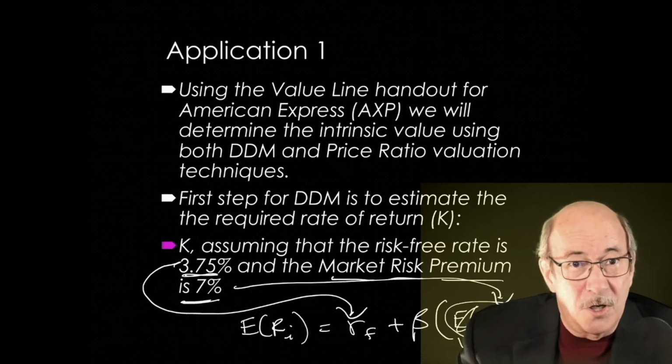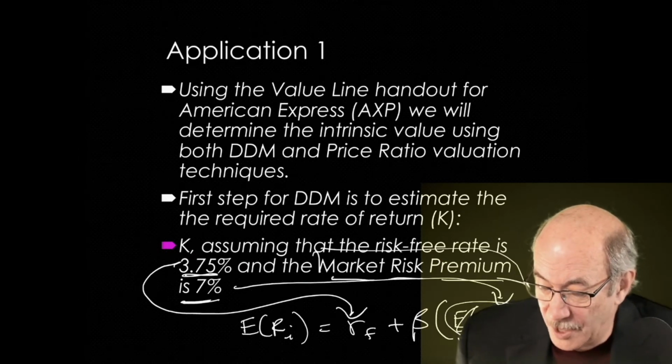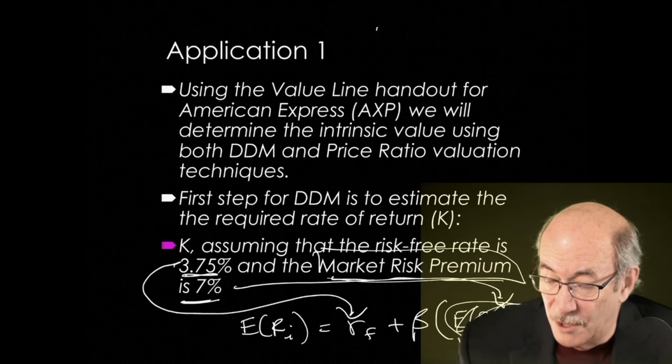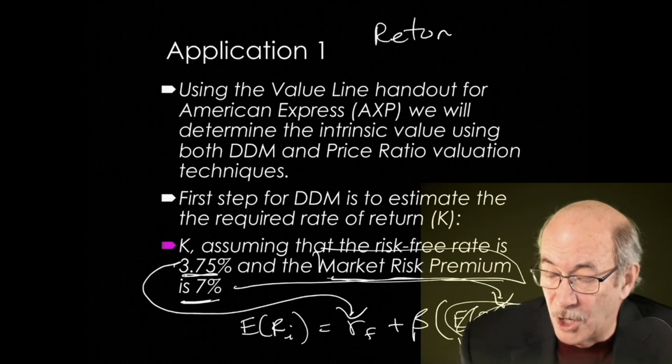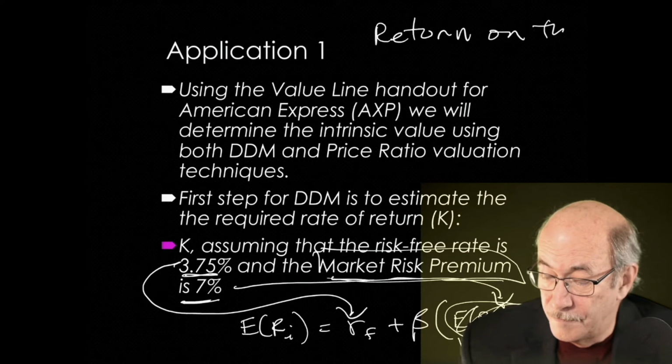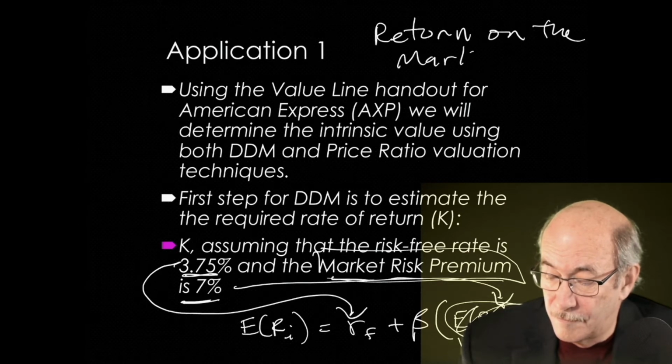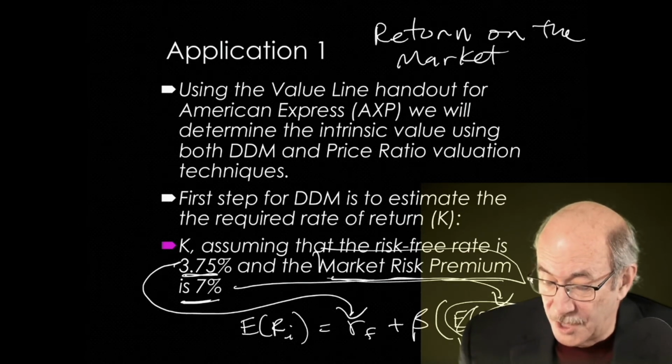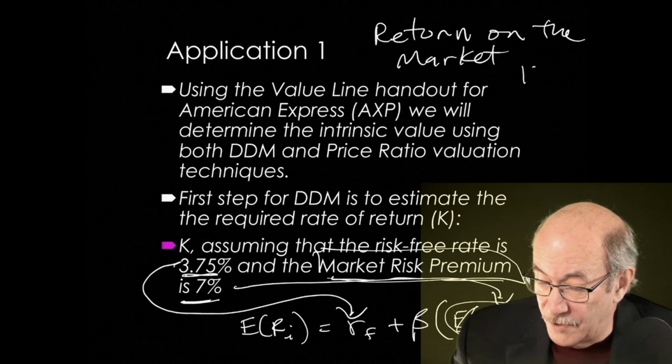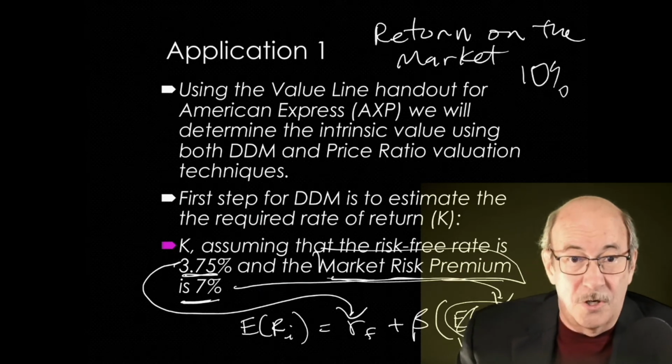Now, the other thing I could give you instead of the market risk premium is just the return on the market. Let's say I gave you 10% for the return on the market.